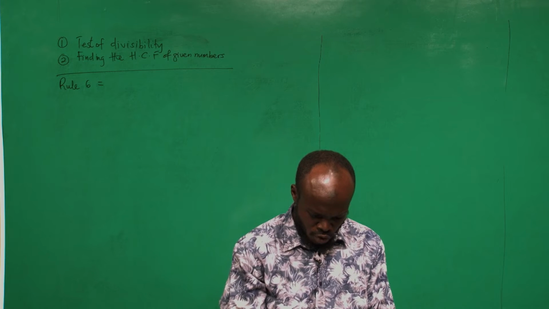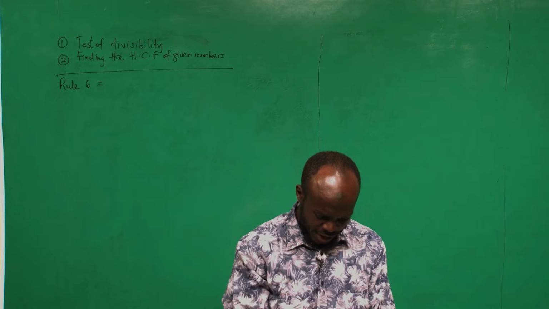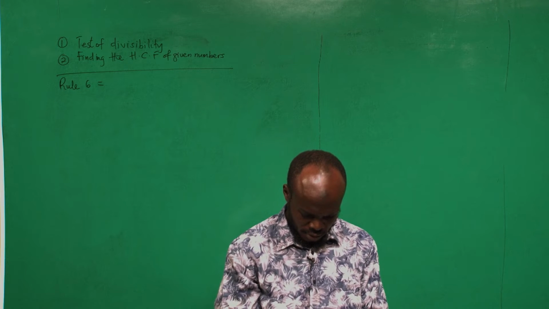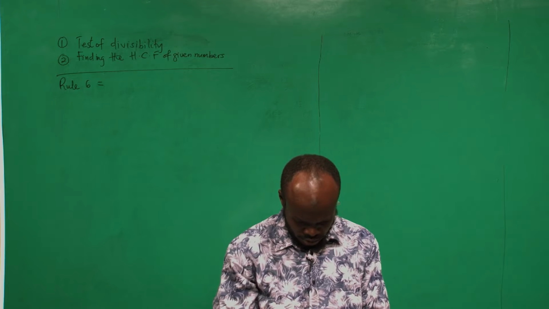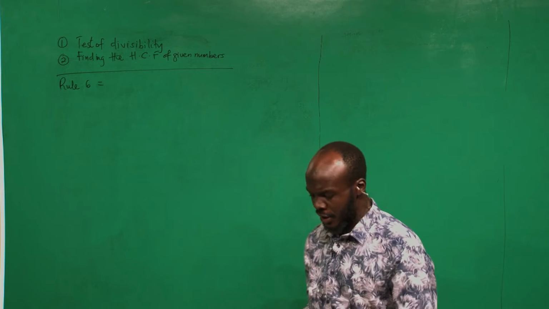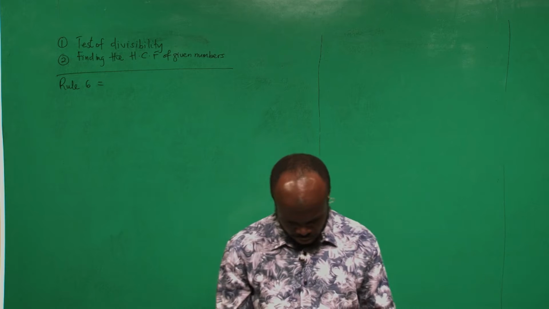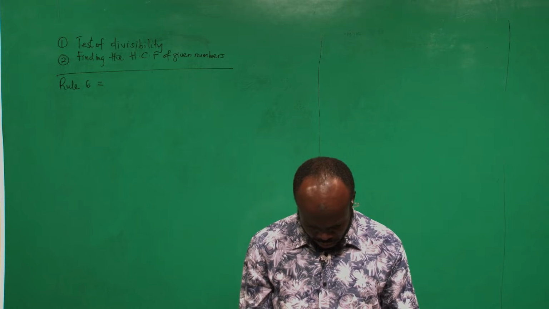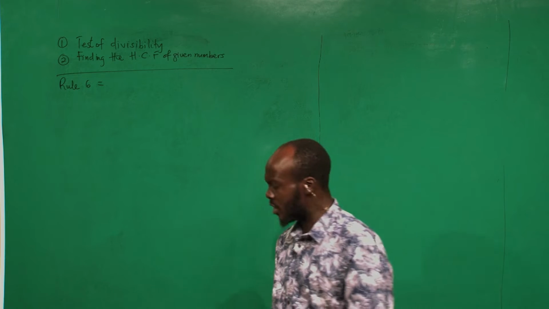Now, for the rule on numbers being divided by 7, if the unit digit is doubled and subtracted from the remaining digits, the result is divisible by 7.